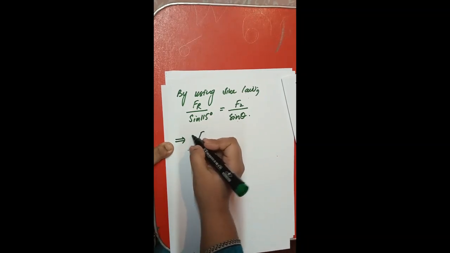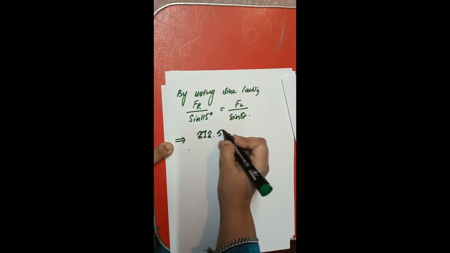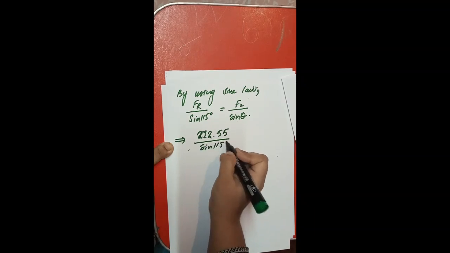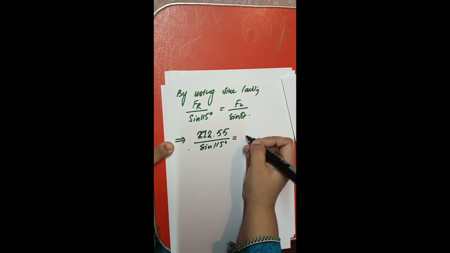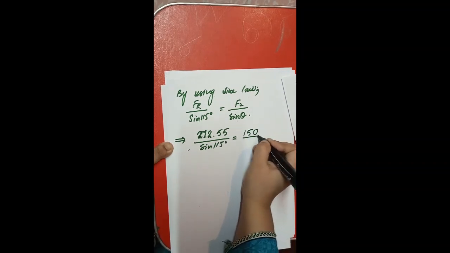FR we know, 212.55 upon sine 115 is equal to F2, whose value is 150, upon sine theta.